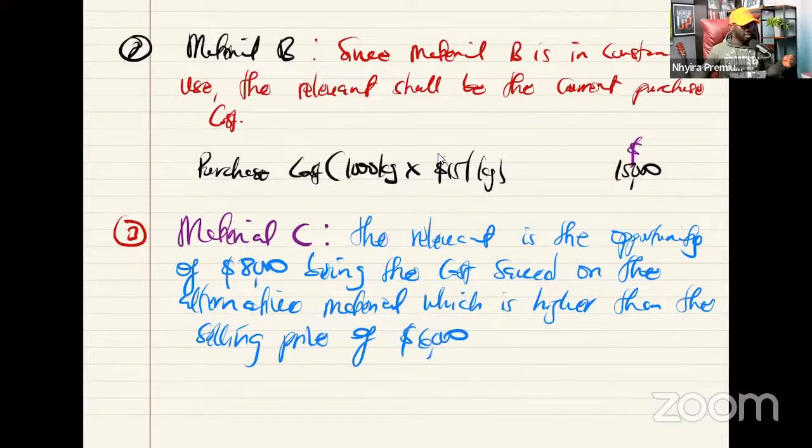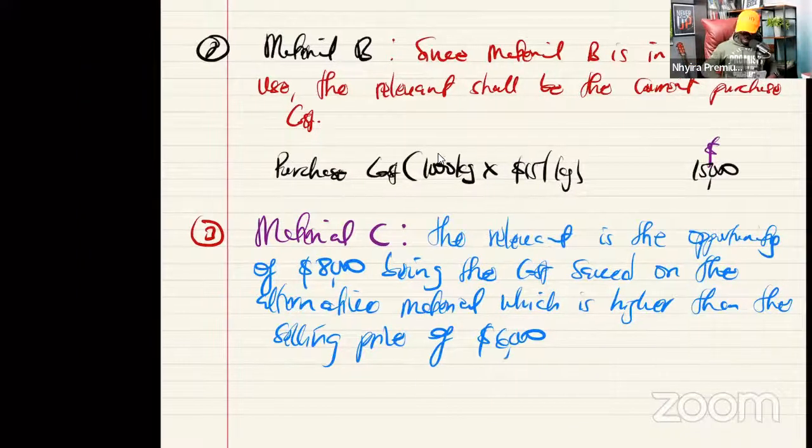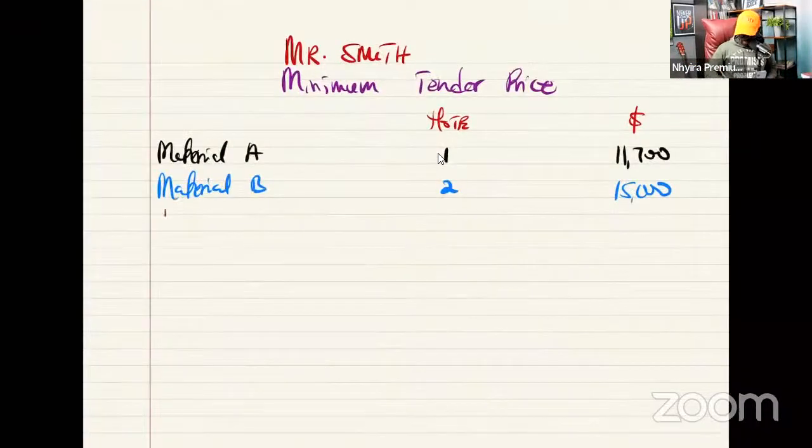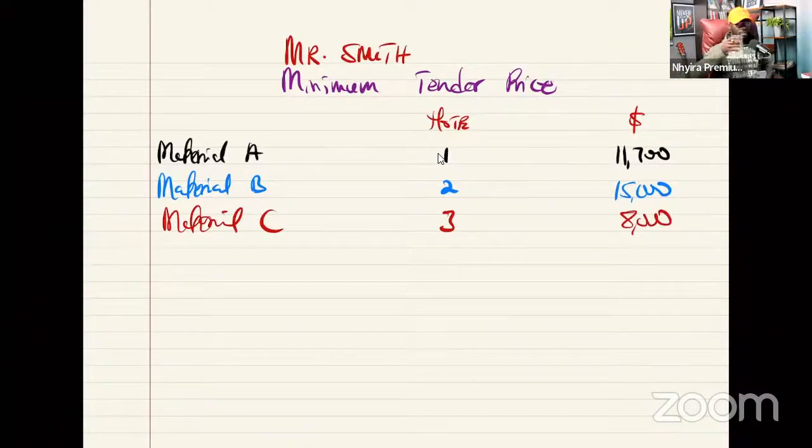Does that make sense? That's our relevant cost. So material C, we're going to have 8,000. Note 3, 8,000 as the relevant cost.